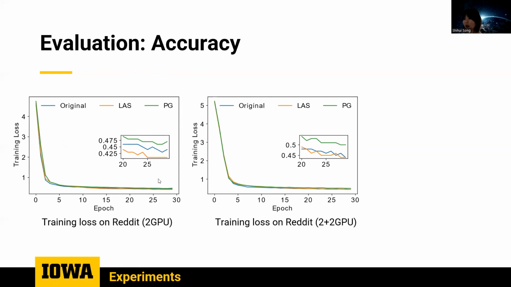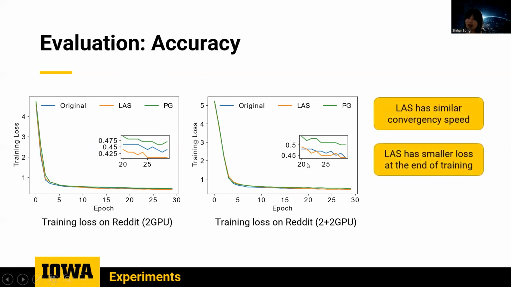The results are similar with 2+2 GPUs and all the other settings on other graphs besides Reddit. It indicates that locality-aware sampling will not affect the convergence speed when the scale factor is small. And we also find the corresponding accuracy of our method is comparable with the original.